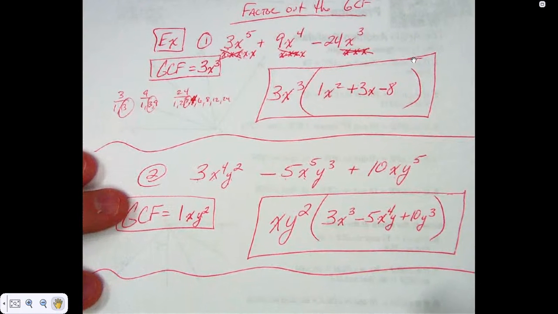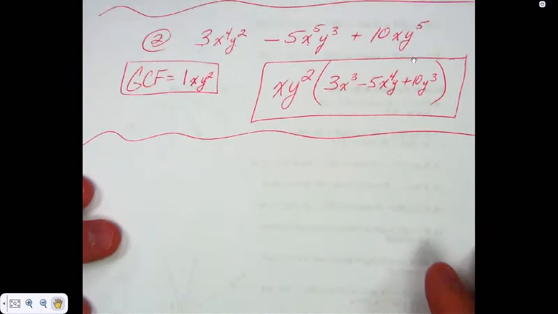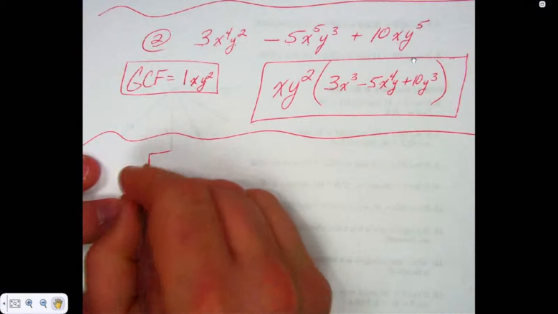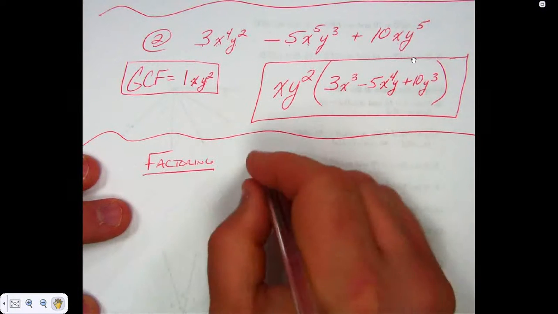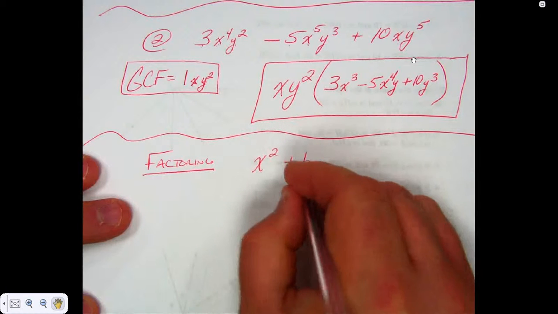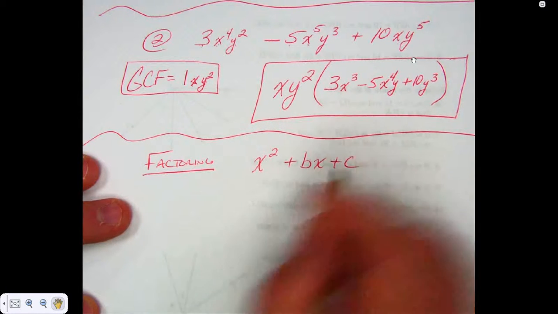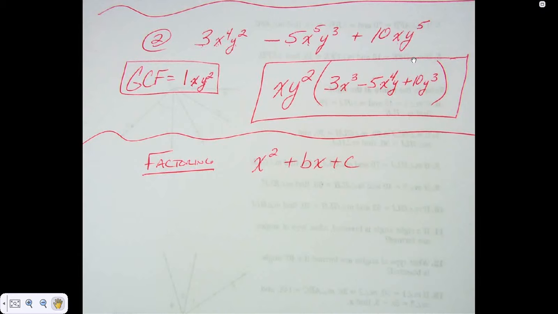The next thing we're going to talk about is a very important thing, and we're going to talk about factoring x squared plus bx plus c. Okay? It's the easiest one.